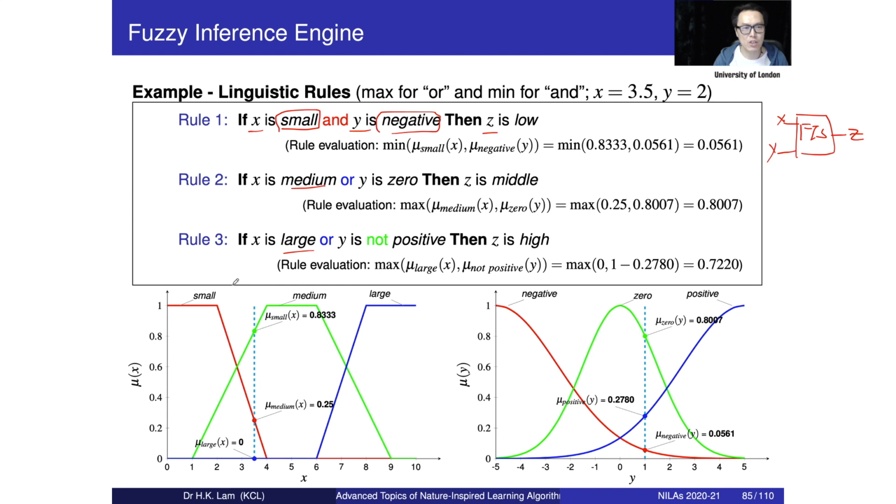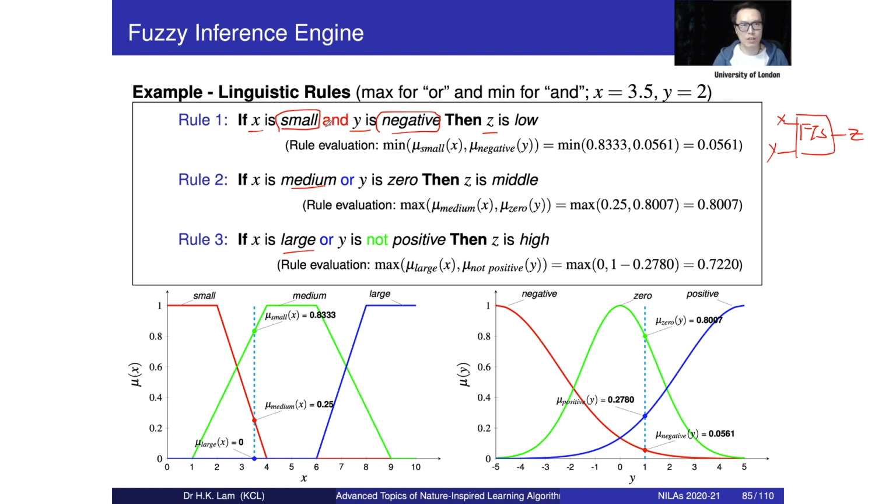The membership functions are defined right here. For example, this is small, the red; the green is medium; the large is blue. For y, I'm going to use three membership functions as well: negative, zero, positive. This is negative, the green is zero, and blue is positive. I just randomly picked some membership functions because we do not have a specific application, so these membership functions are just for demonstration.